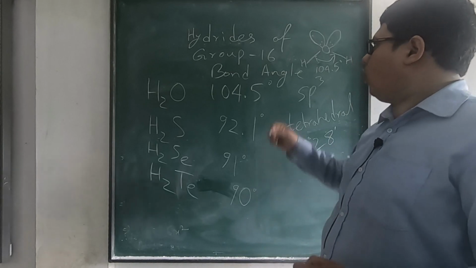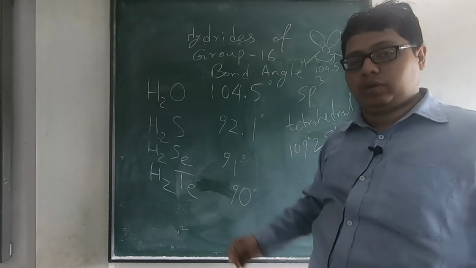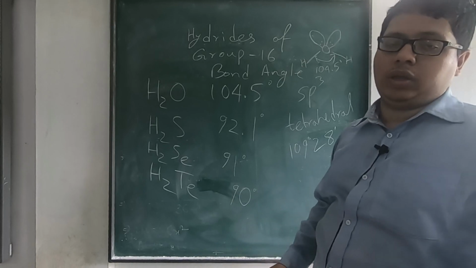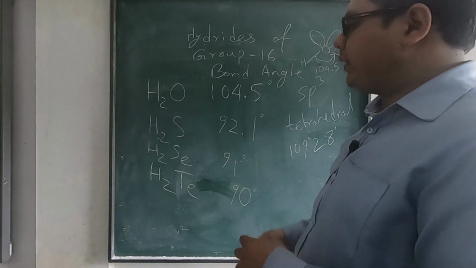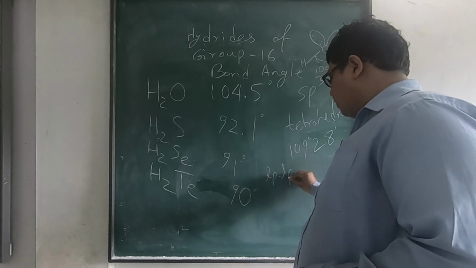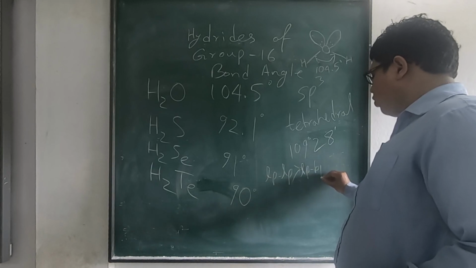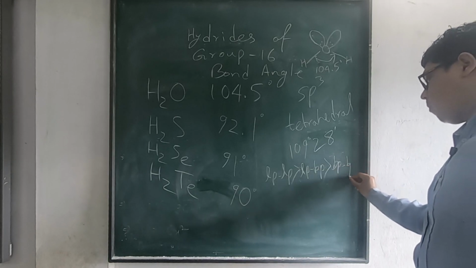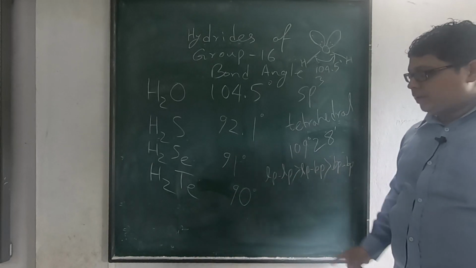Obviously, because of the lone pairs, as we discussed in the valence shell electron pair repulsion theory. In the VSEPR theory, what did we discuss? That lone pair-lone pair repulsion is the greatest, then comes lone pair-bond pair repulsion, and finally bond pair-bond pair, that is LP-LP, LP-BP, BP-BP.